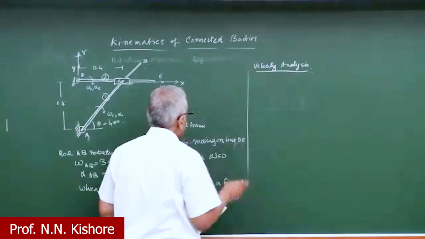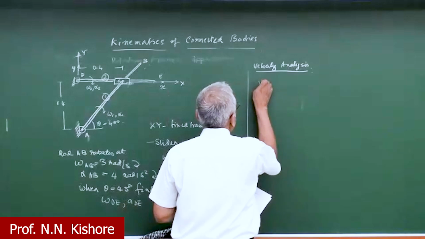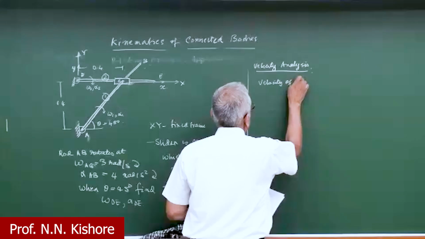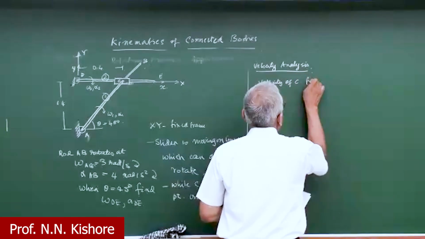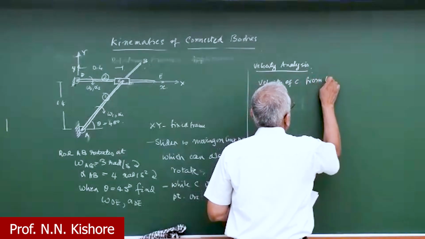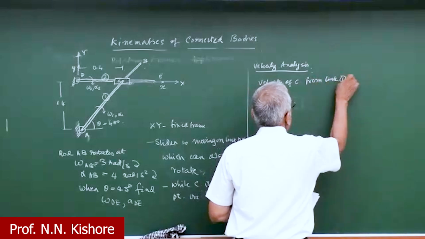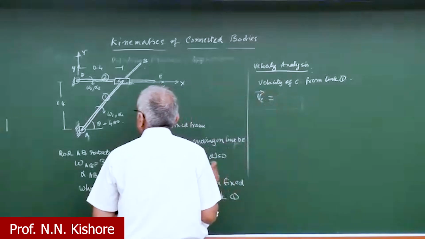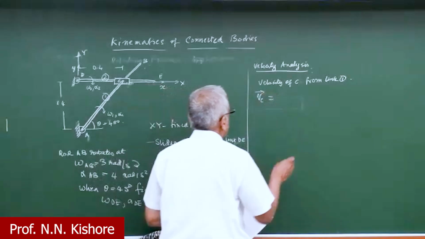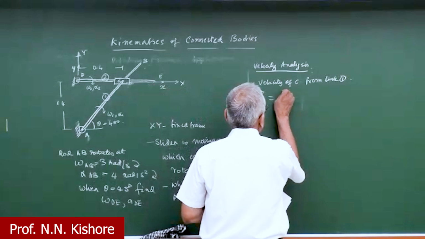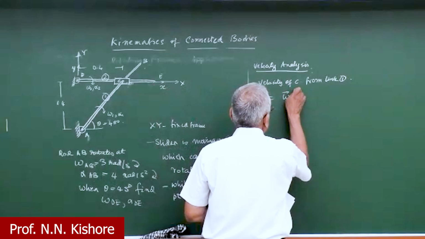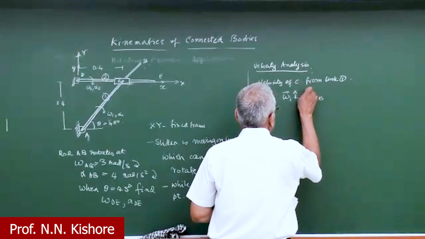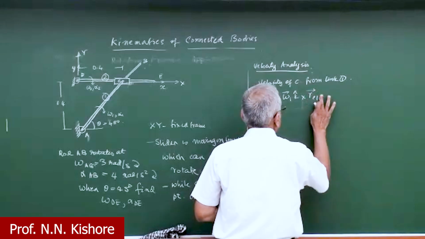The velocity of C from link 1 we can find out simply by doing omega 1 K cross CA. Sorry.